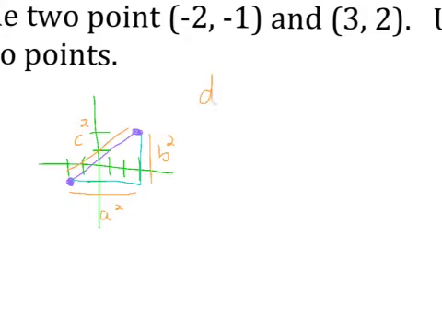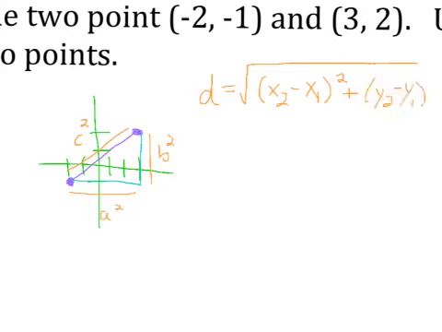The distance formula is the square root of x2 minus x1 squared plus y2 minus y1 squared. So the x2 minus x1 comes from finding the length of the side that goes along the x-axis.